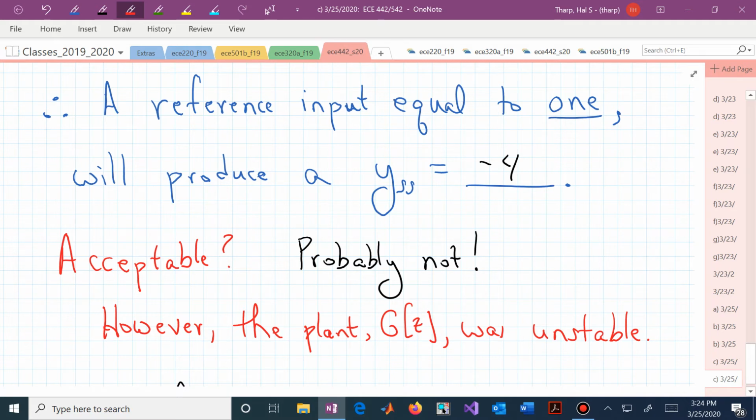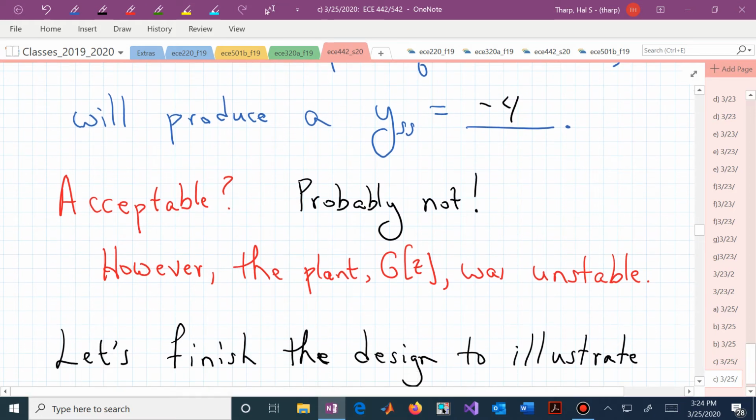Since it's a second order transfer function, it takes 2 steps to reach deadbeat. So in 2 steps we're at steady state, which is better than going unstable, as in the original plant. But now we inject a 1 and we go in the opposite direction and end up at minus 4.